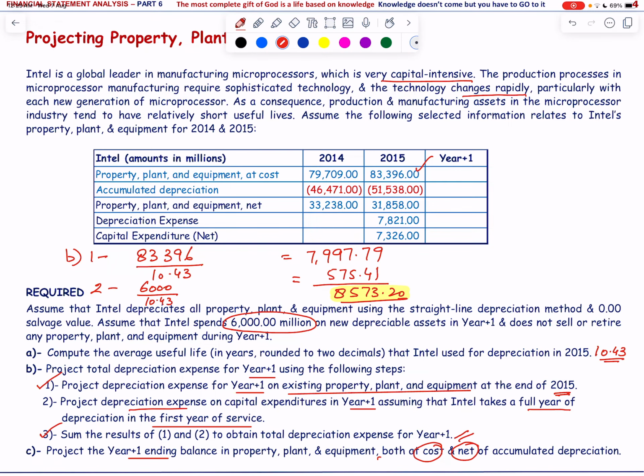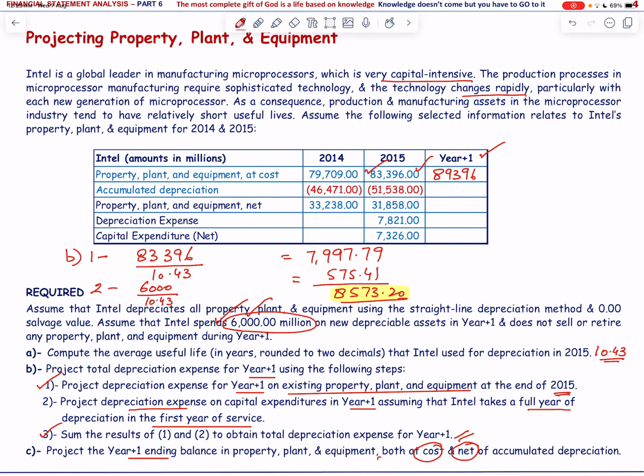Okay. So now we can have the property, plant, and equipment at cost for year plus 1. In year plus 1, we have made an additional investment of 6 billion, and for 2015 it was 83,396 plus 6 billion. This will be equal to 89,396, that is 83,396 plus 6,000.